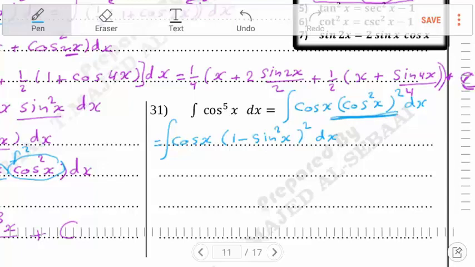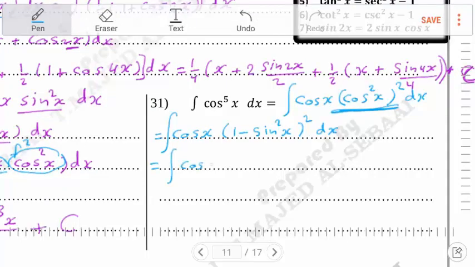Yes, that cosine, not sine? No, sine. Because cosine squared is 1 minus sine squared. Cosine x. Now open this by using the smiley face. It's going to be 1 minus 2 sine squared x plus sine to the power of 4 x, right? dx.